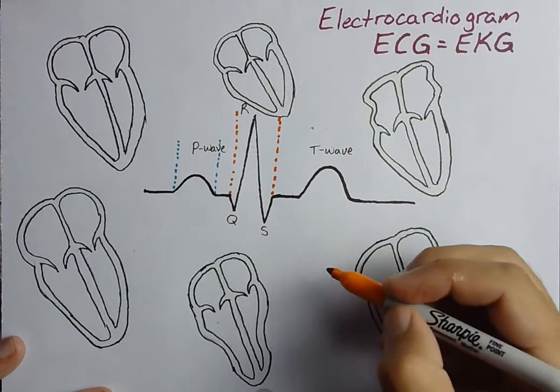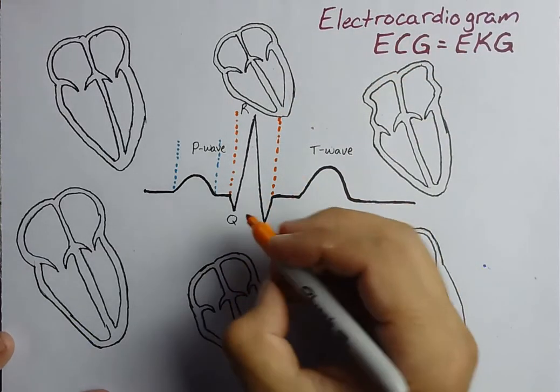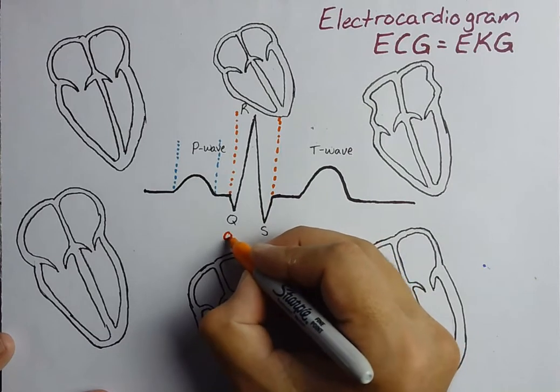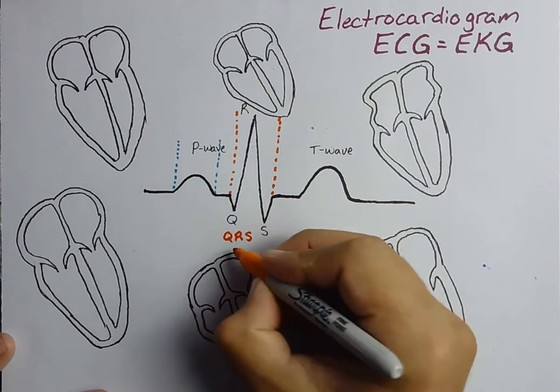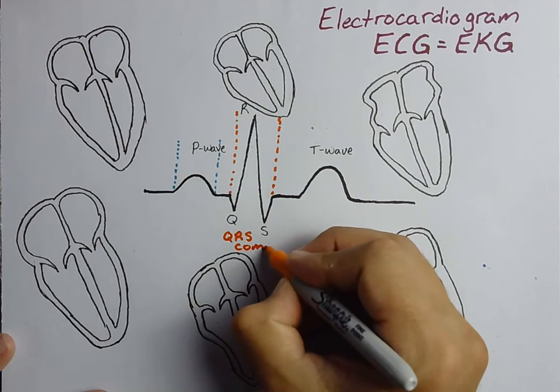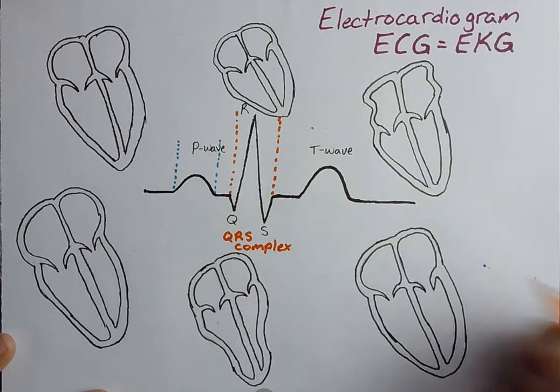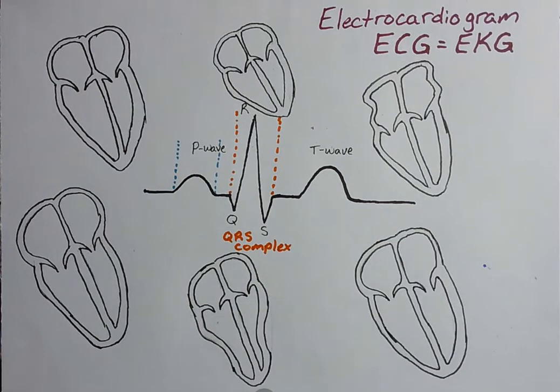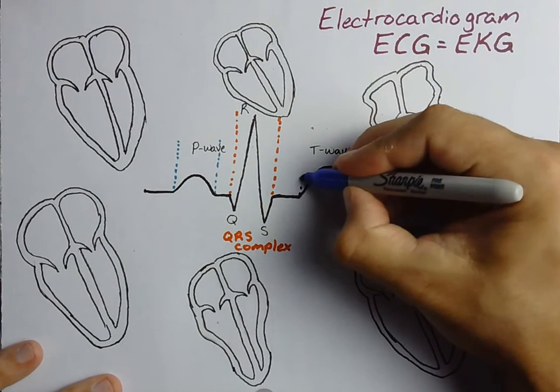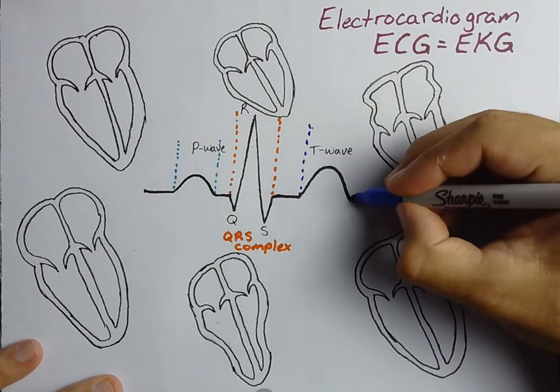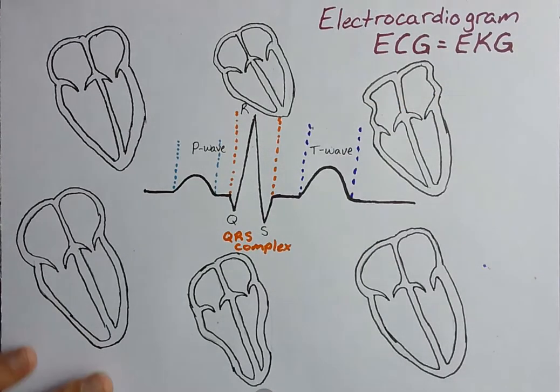That's the QRS complex. Let me write that in here. And the next major bump that we've already identified is the T wave, which goes from the beginning of this wave to the end of this wave.